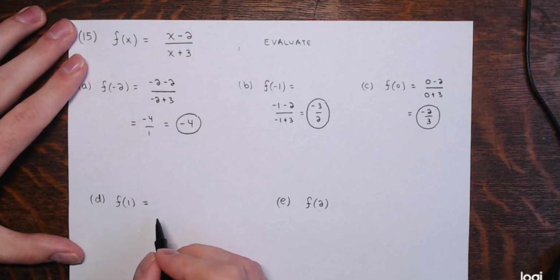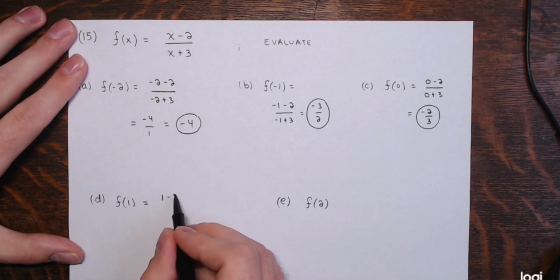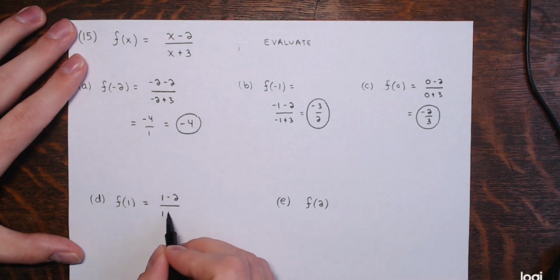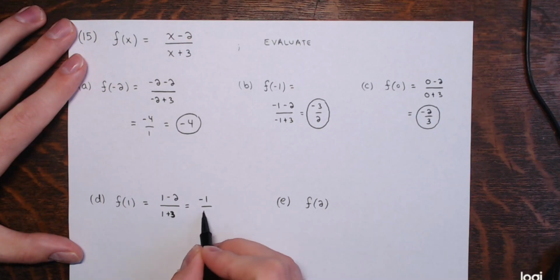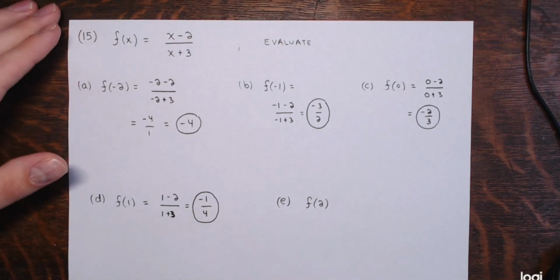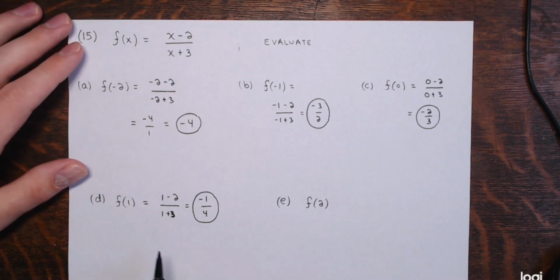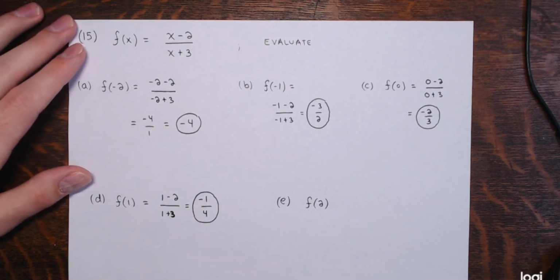F of 1, 1 minus 2 in the numerator, 1 plus 3 in the denominator. So it's -1 in the numerator, +4 in the denominator, so the output's -1/4, or -0.25 if you wrote a decimal. So input 1, output -1/4.